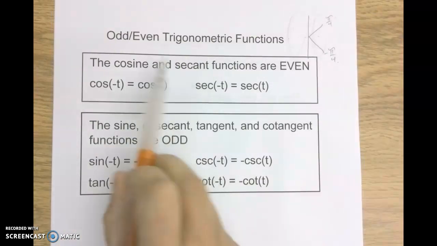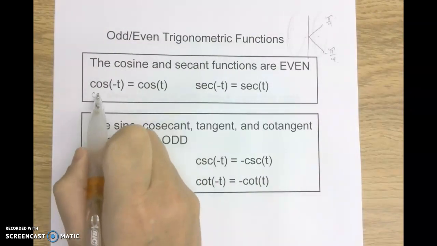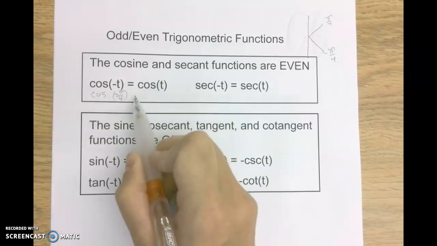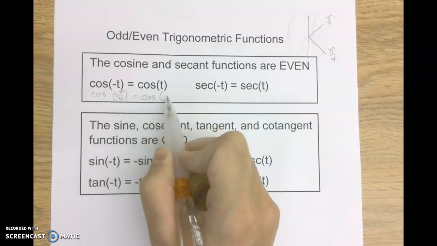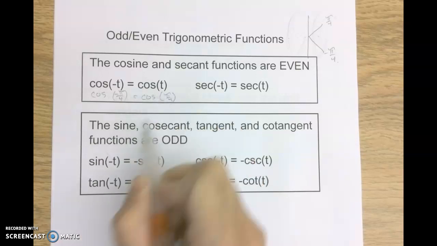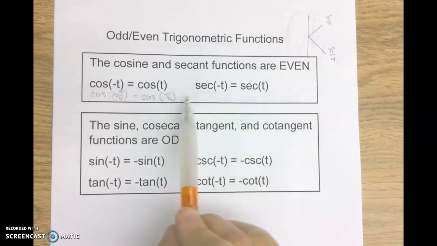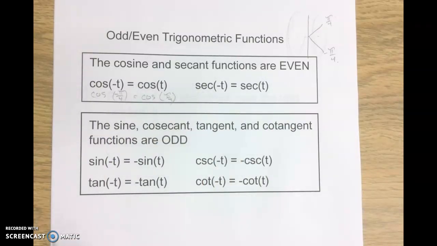Okay, so we say that they are even functions. So the cosine of a negative pi over 4 is going to be equal to the cosine of a positive pi over 4. And this only works for cosine, and then of course secant is the reciprocal of cosine.